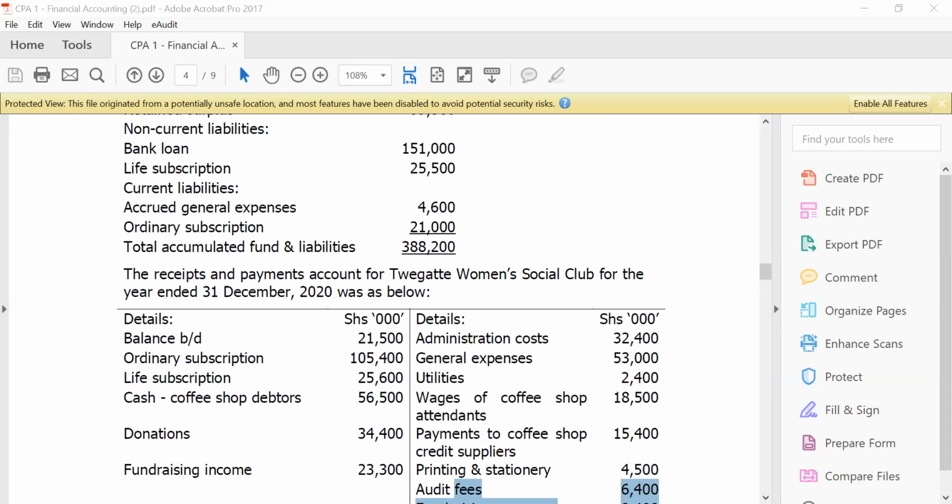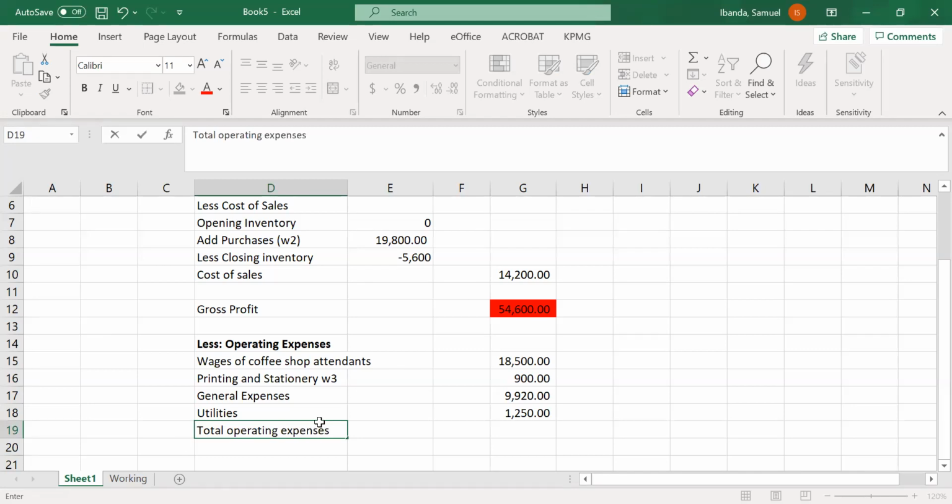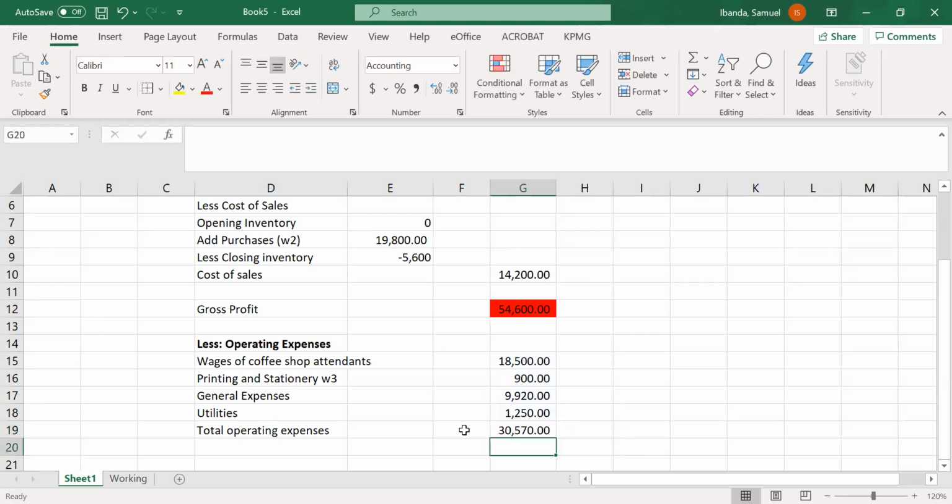So if that is all with expenses, you now go ahead to determine your total expenses, the total operating expenses, which is a summation of this, which gives you 3,050.